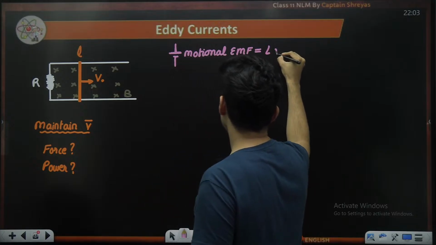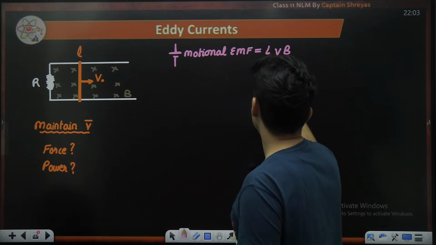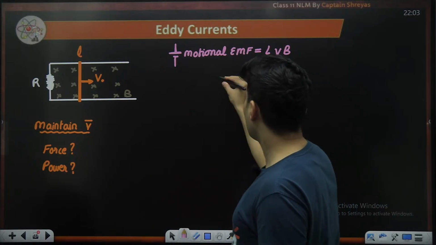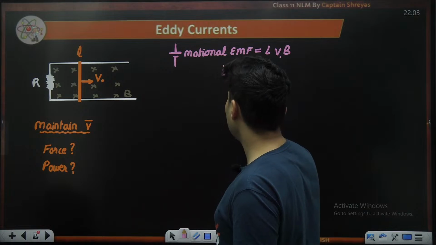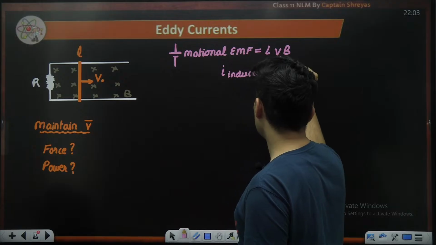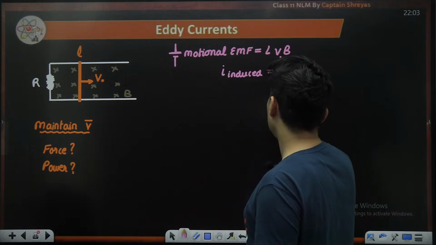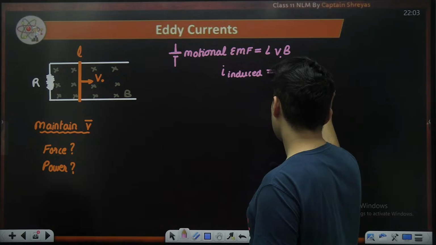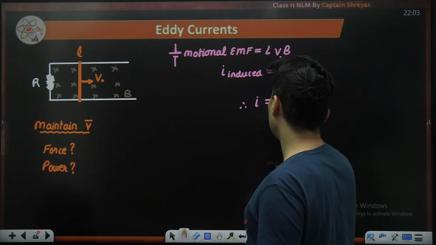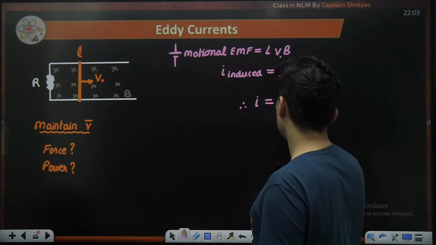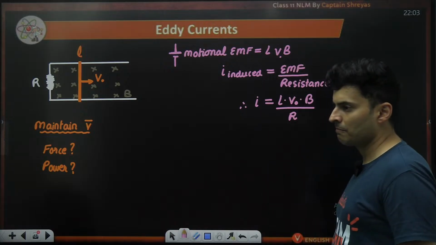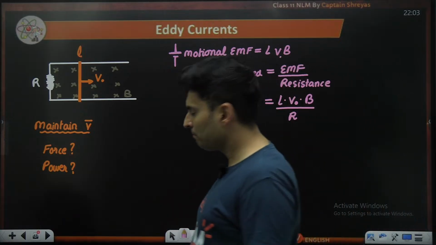Simply put, it will be L into V into B. That velocity will be V naught, so L V naught into B. Because of that, there will be current which will be induced, which will be nothing but EMF by your resistance. Therefore, that current will be L into V naught into B, the whole thing divided by resistance. Is that right? Everybody with me?